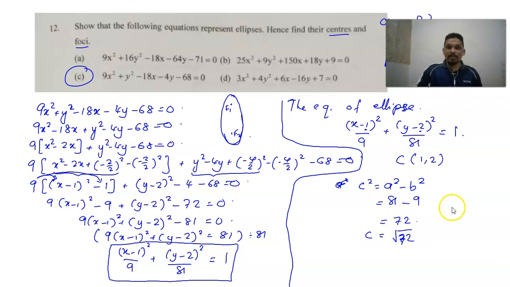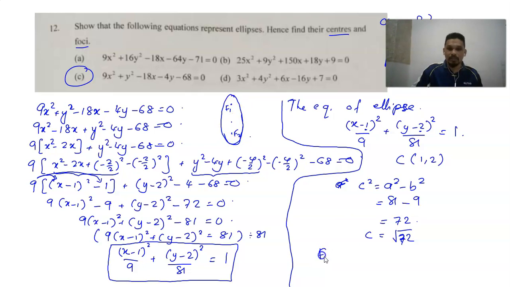Okay, so for the foci, from the center we move square root of 72 units above and square root of 72 units below along the y-axis.